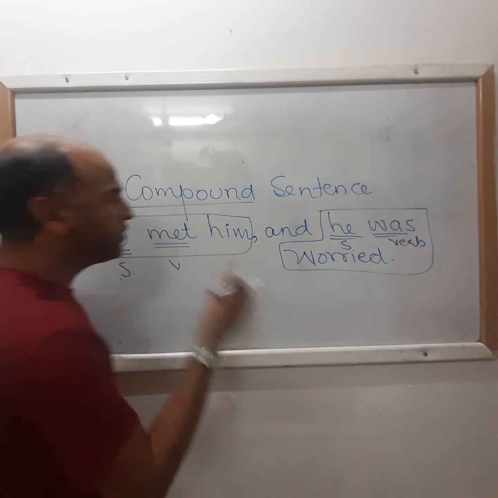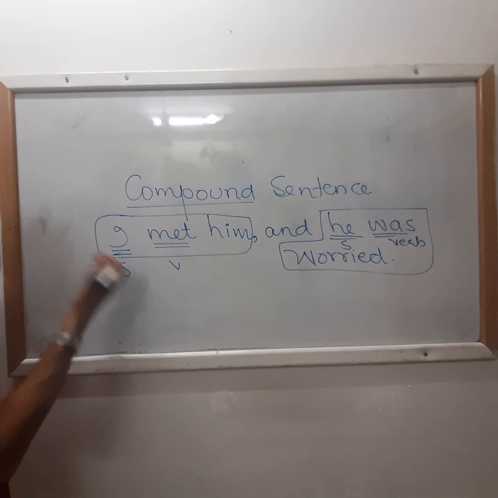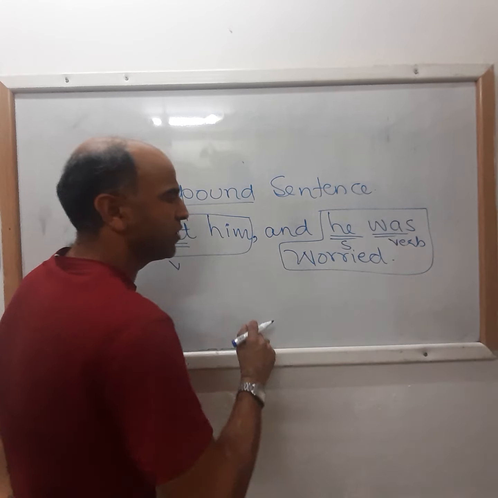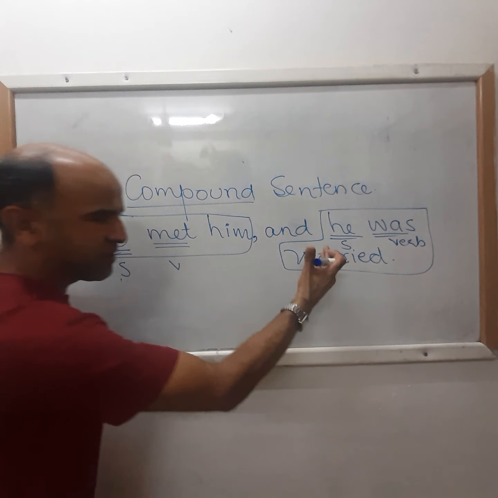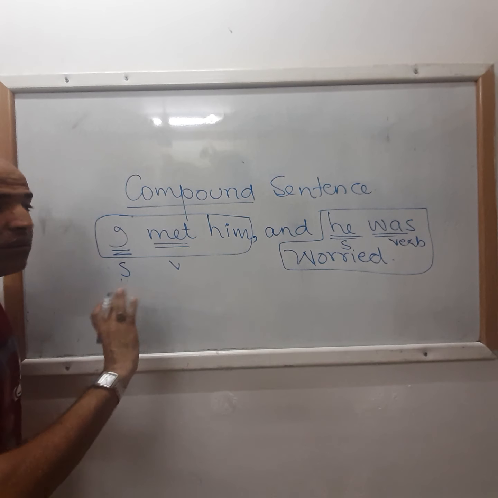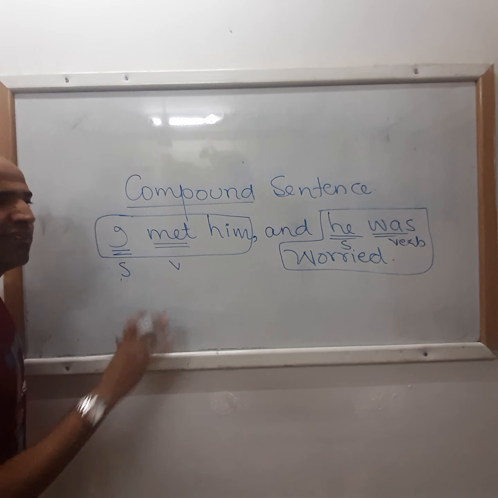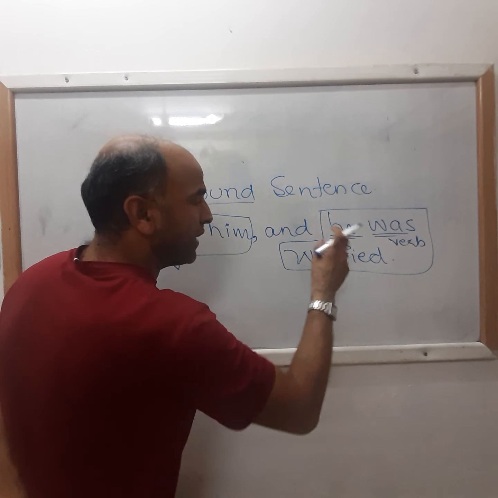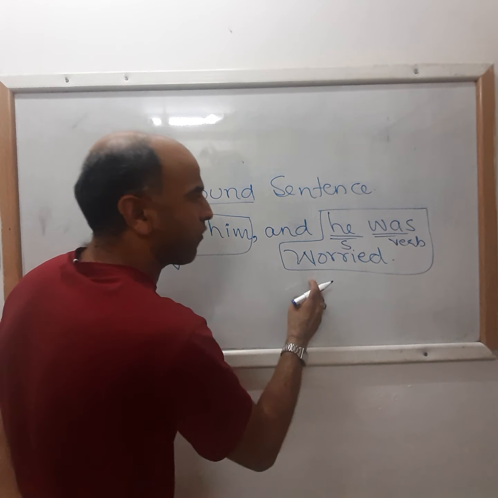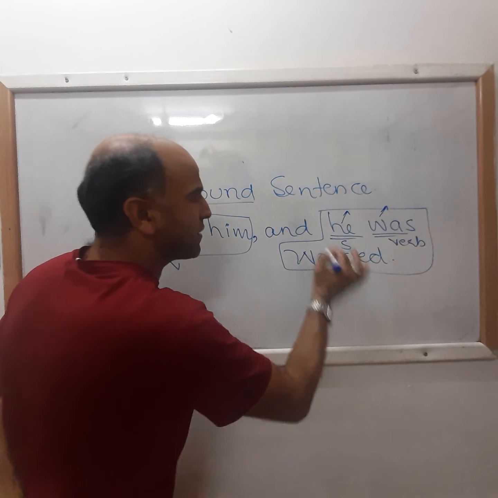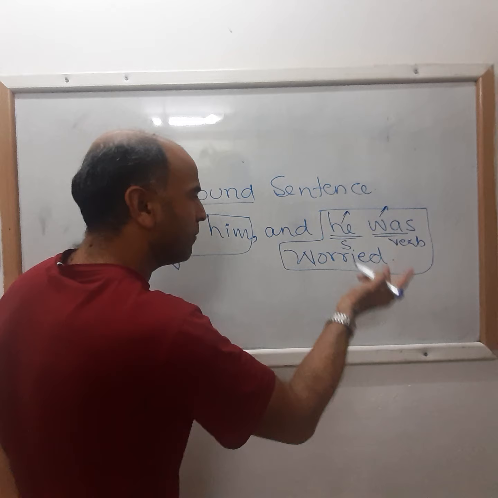Both these clauses have their own subject. "I was worried." Look, subject, verb. It can stand on its own. It isn't in need of any help from outside. So an independent clause is a group of words that has its own subject, its own verb, and it can stand on its own, meaning it gives you complete meaning.